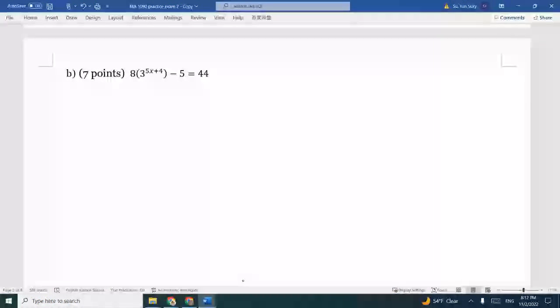Well, in this case, we're going to isolate the exponential term first. Isolate means we want to have that exponential term on one side by itself. Therefore, all the other numbers move to the right-hand side.